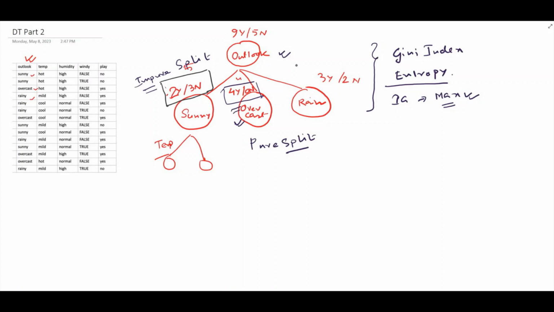Now let's understand the mathematical intuition of entropy. What is the mathematical entropy formula?